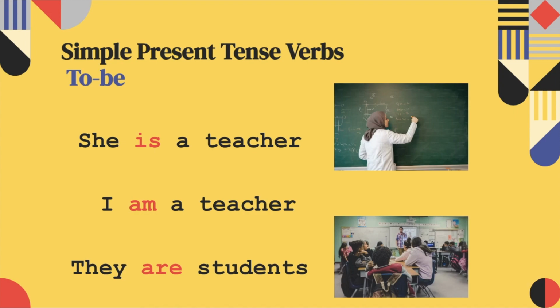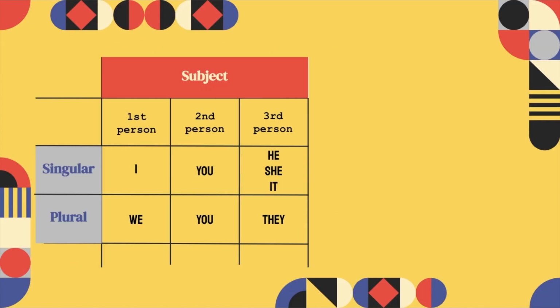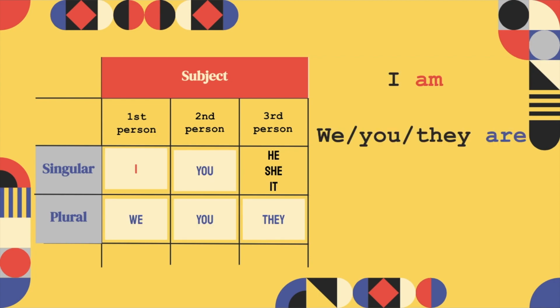And these three forms are the forms of the to be verb. Now, we use the am form with first person singular pronouns, which is, in this case, only I. The are form, we use it with all of the other personal pronouns except the third person singular pronouns. And the is form, we use it with third person singular pronouns.